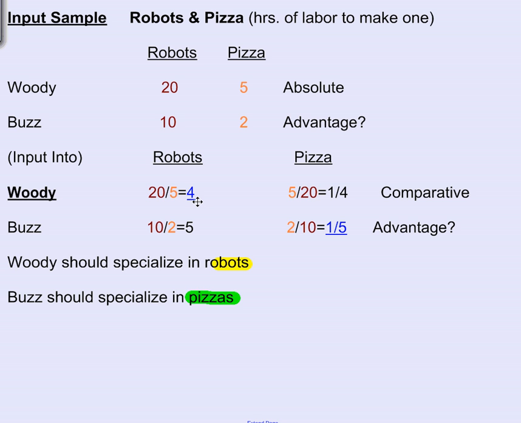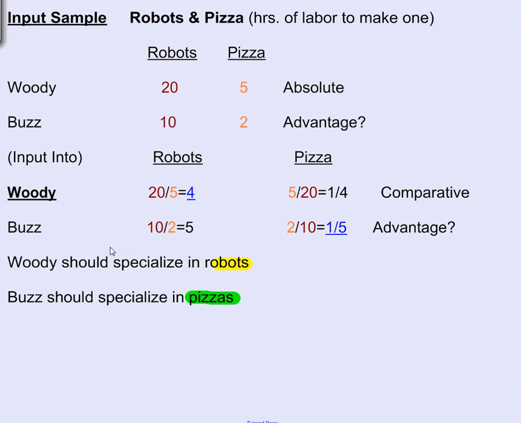So every time Woody makes a robot, he gives up the opportunity to make 4 pizzas. The opportunity cost for the pizza is always going to be the reciprocal. I'm going to take the 20 into the 5 because I want to know the opportunity cost of the pizza. So now 5 divided by the 20 is equal to 1/4. Every time Woody makes a pizza, he gives up 1/4 of a robot.